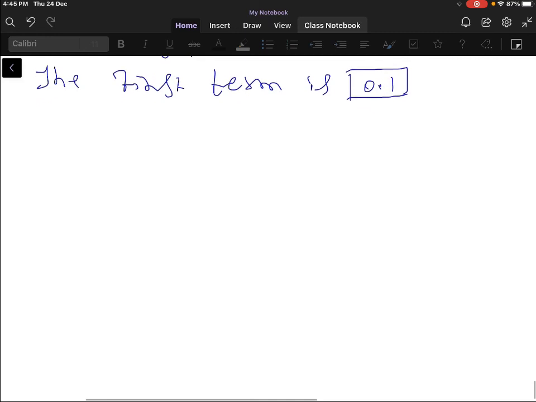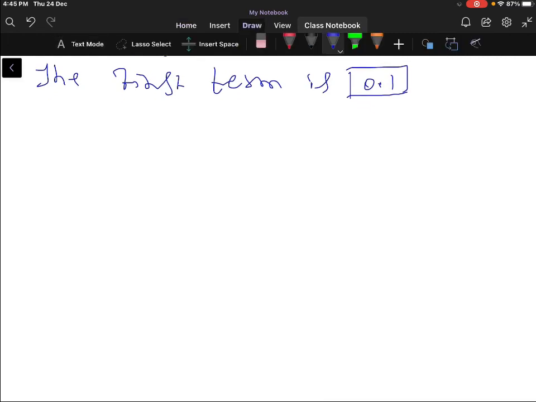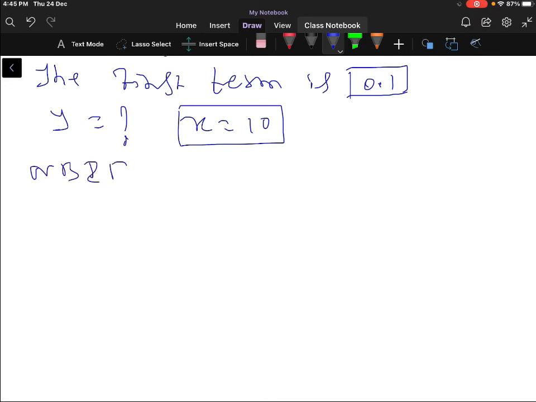So next you have to find out the 10th term of the table. To find the 10th term of the table, you have to find y at x is equal to 10. This value 10 is near the end value of the given values of x. Therefore we use Newton's backward interpolation formula to estimate the value of y at x equal to 10.